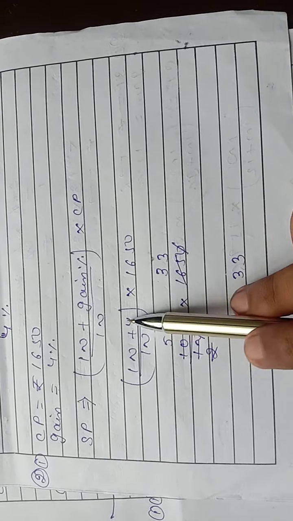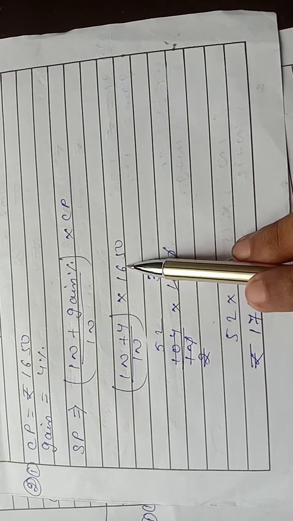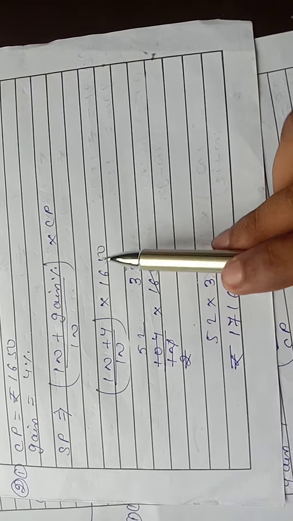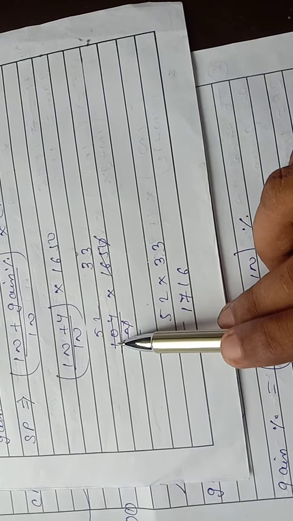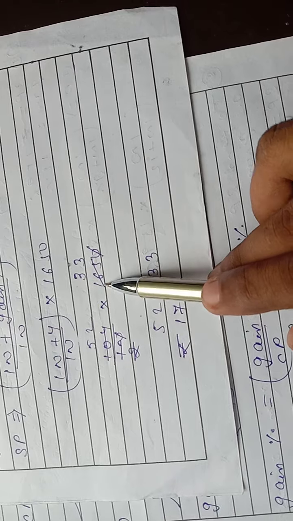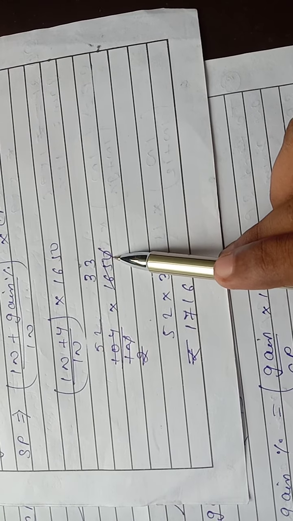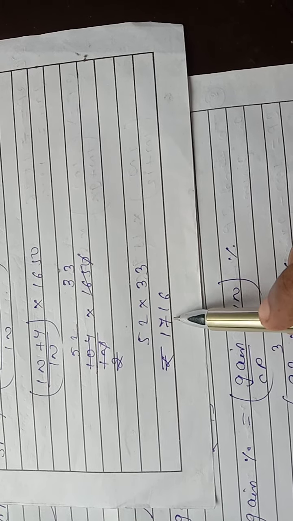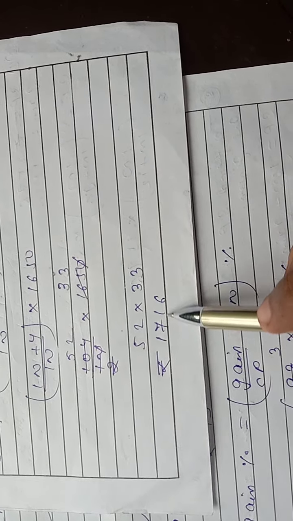Gain percent we have got 4%. Divide by 100 into the CP, that is 1650. When you add these two, you will get 104, divide by 100 into 1650. After solving this, we got rupees 1716.